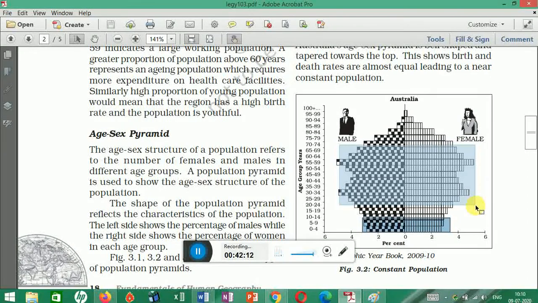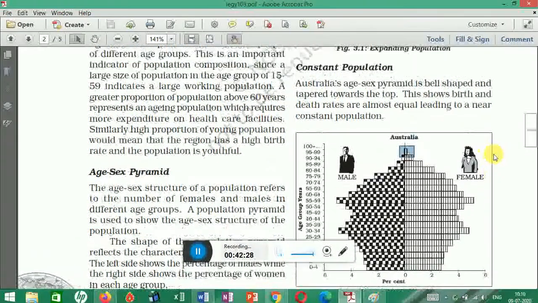There are lots of workers, and the population in the age group 100 plus, more than 100, is very small. That is why it takes the shape of a bell. Such a population pyramid we find in Australia.